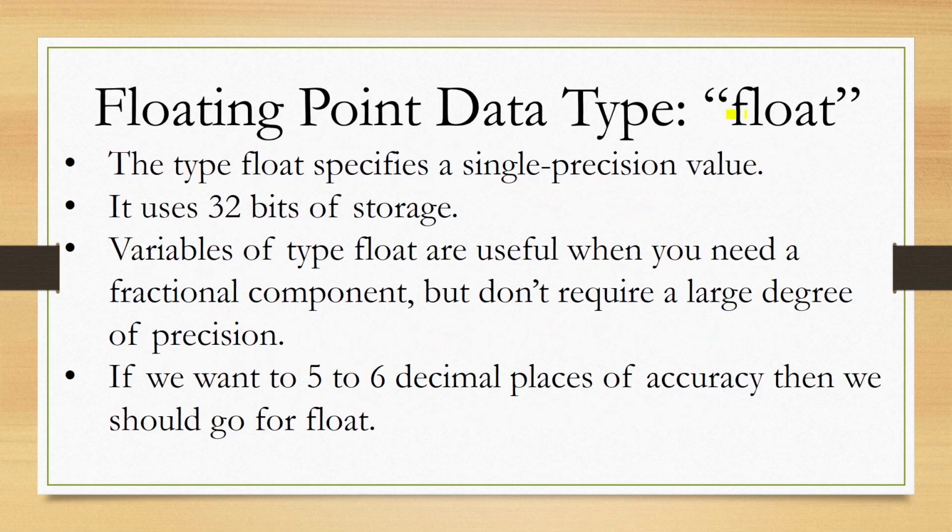The first one amongst them is float. Float is single precision, and it uses 32 bits of storage just like int. Variables of type float are useful when we need a fractional component which does not require a very large degree of precision. We have seen this in an example. Float is used for decimal precision up to 5 to 6 places.